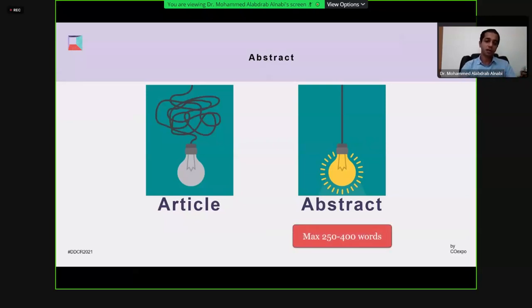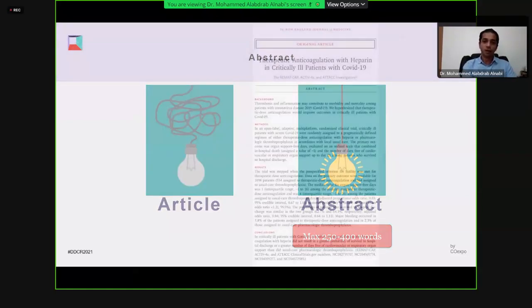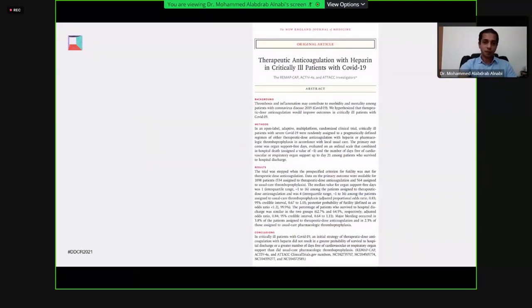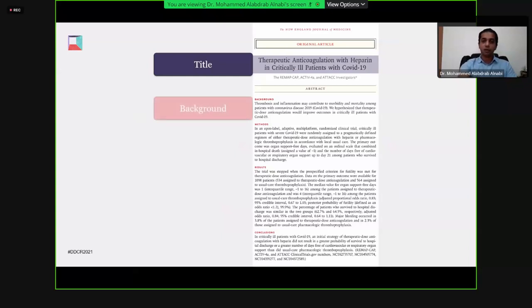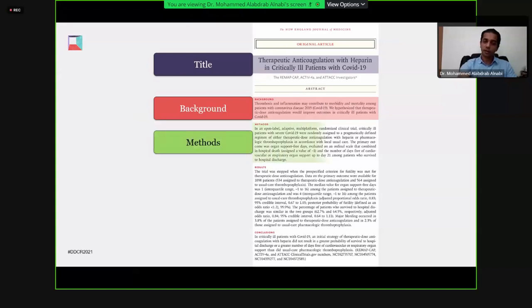Basically, they look like this. There's a lot of entangled wires in a full article, and then they made it very short and concise in an abstract. They made it short by requiring the article writer to limit their words. Some journals ask for 250 maximum words, some journals ask for up to 400 maximum words. So it's a very short, less than a page thing.